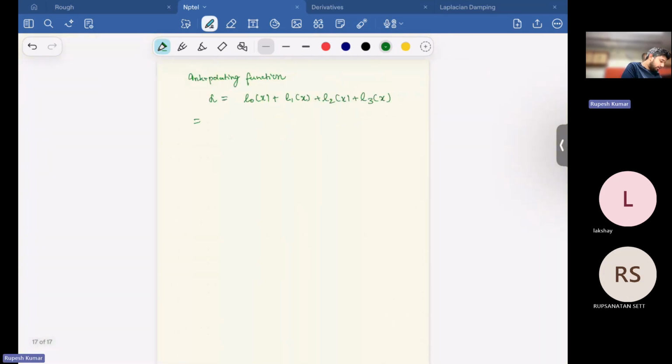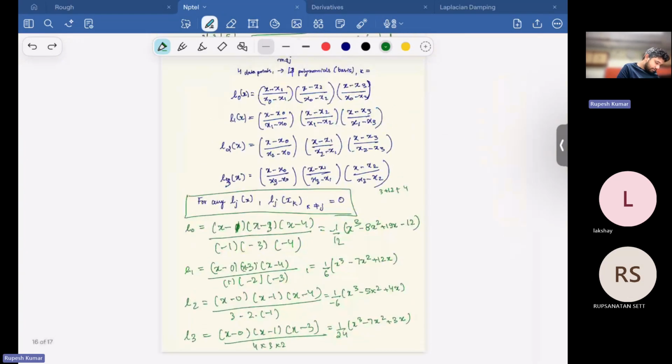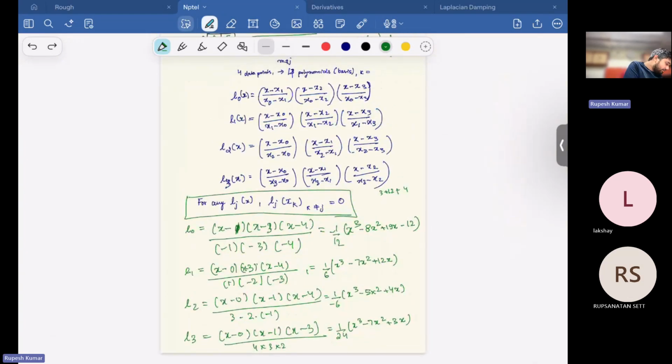So let's take the LCM, 24, and add them up.